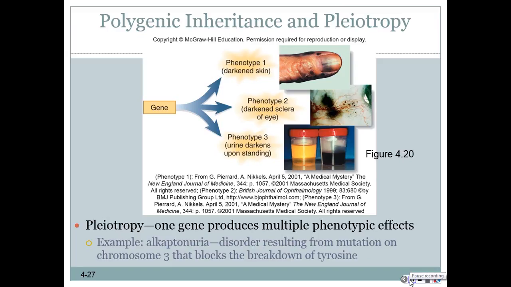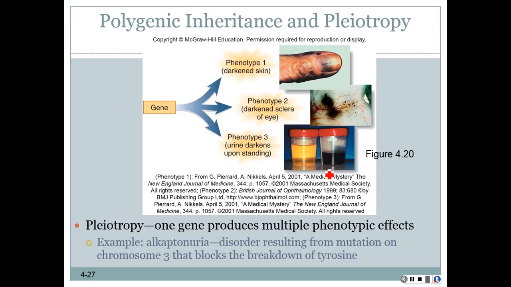Now, an example of this would be alkaptonuria, a disorder caused by mutation of chromosome 3, and that blocks the breakdown of tyrosine and results in an accumulation of a particular acid. Now, the oxidation of this particular acid causes connective tissue to turn gray to blackish, and it causes degeneration of the tissues.